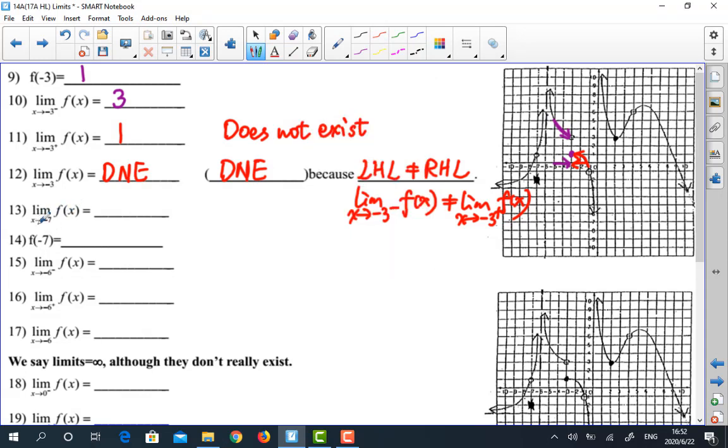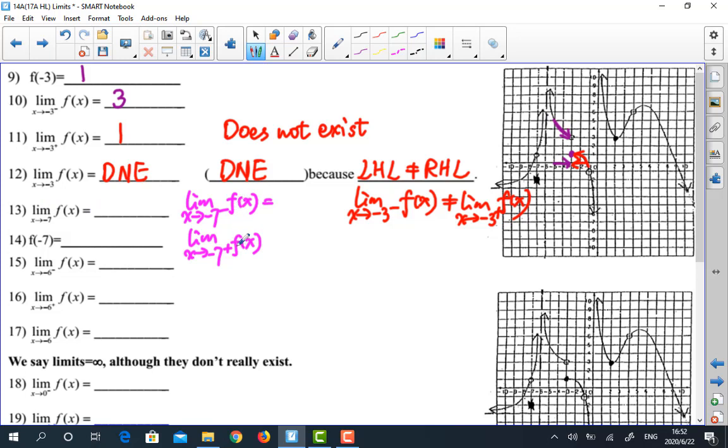What is the limit value when x is approaching negative 7? This time we don't show you the left-hand limit and the right-hand limit. However, you need to ask yourself, what is the left-hand limit? What is the right-hand limit? This limit exists if and only if the left-hand limit is equal to the right-hand limit.